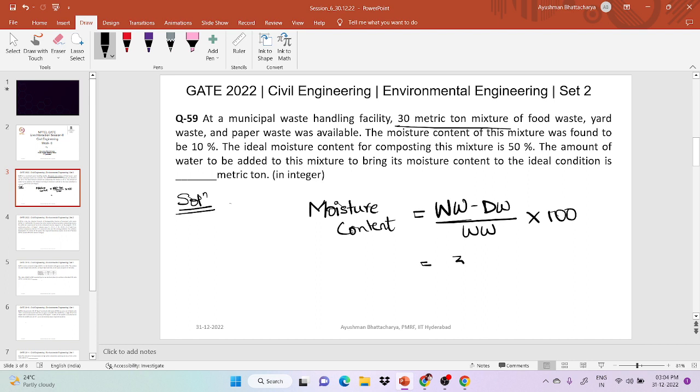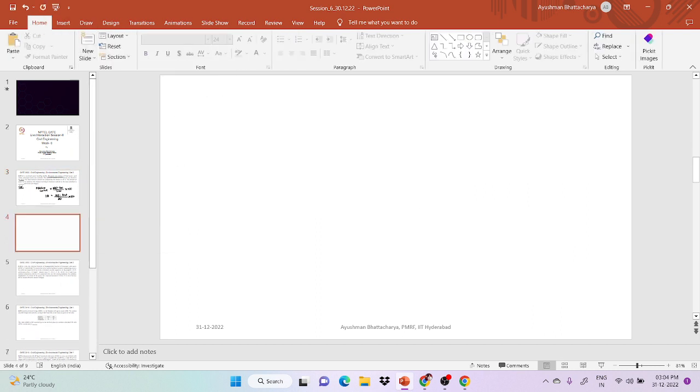So we will write 30 minus the dry weight, which we are yet to calculate, divided by 30, into 100, and the moisture content is 10%. So basically we can write it this way: 30 minus dw by 30 equals 10 percent.